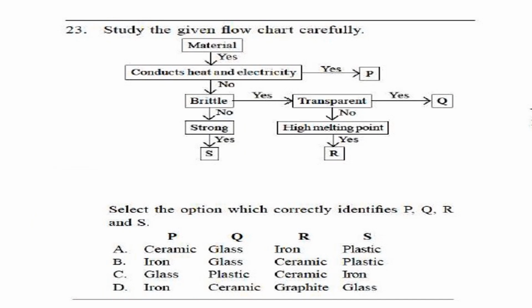Transparent, yes, that is Q. So it can't be answer C and D because plastic and ceramic are not transparent. So our answer can be option A or B. For R, high melting point. For ceramic, it's high melting point. So answer is option B.